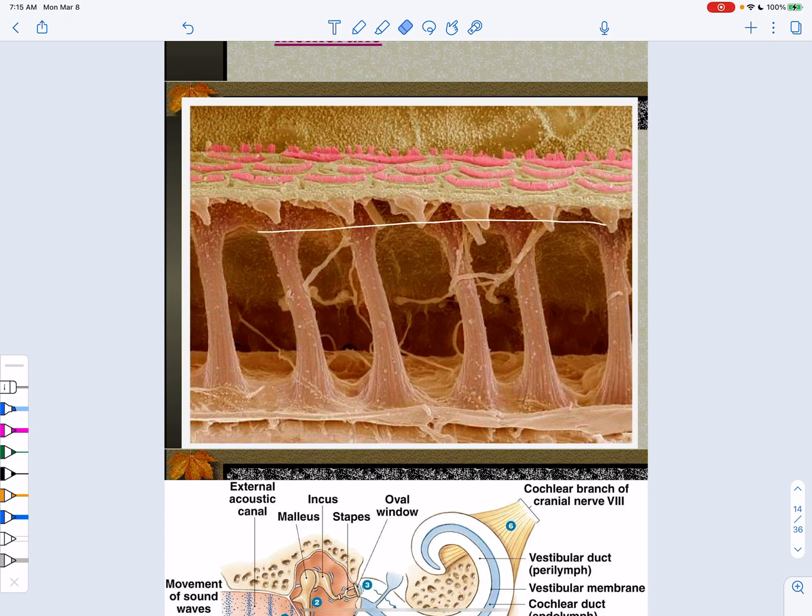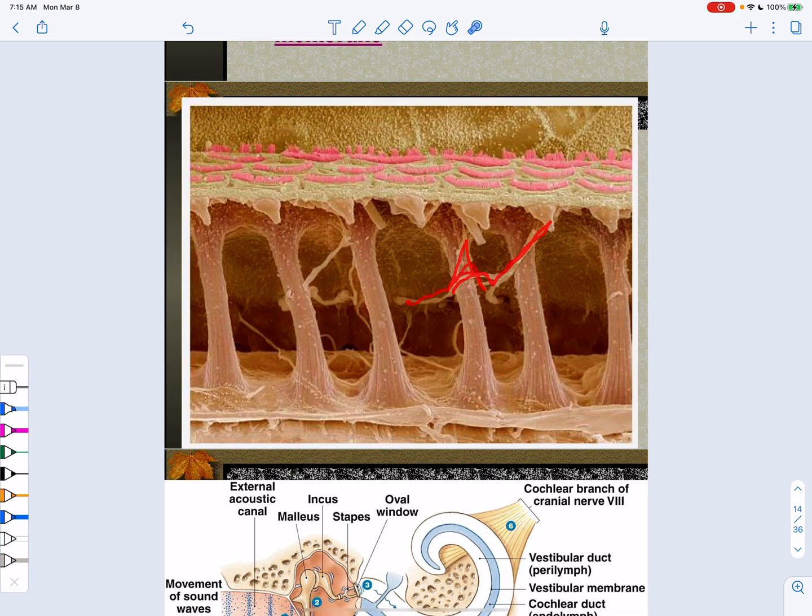All right, so here we have that layer on top, and here we have those little hairs that are sticking up in order to be stimulated by the sound vibrations, and then they're connected with nerves that take that message to the brain. Okay, and then you can see some other nerves that are here as well.